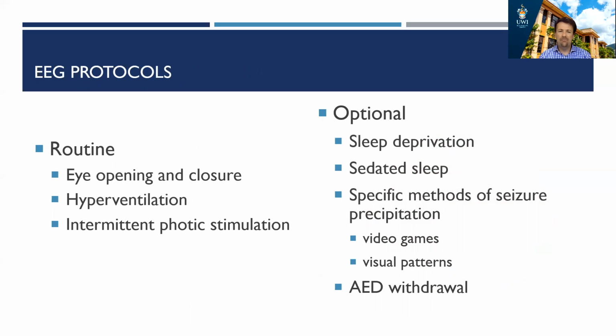Sometimes, depending on the lab and making sure we have the correct safety equipment, you can expose them to flashing lights, because some persons get epileptic seizures or their EEG becomes a little abnormal when they're exposed to this stimulation. Of course, this has to be done with proper protocols. We can also give people EEGs if they've been sleep deprived or if there are particular patterns of behavior that lead to seizure precipitation.